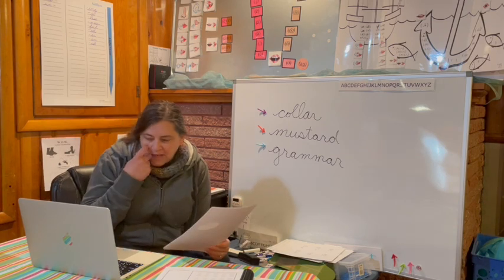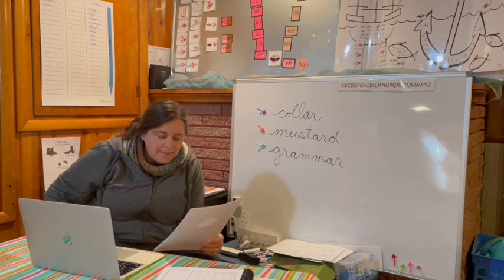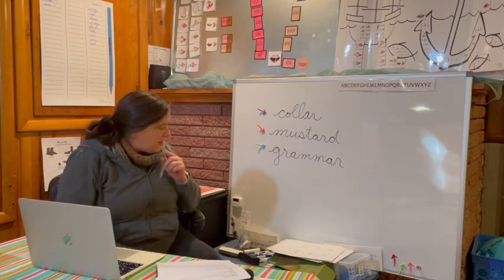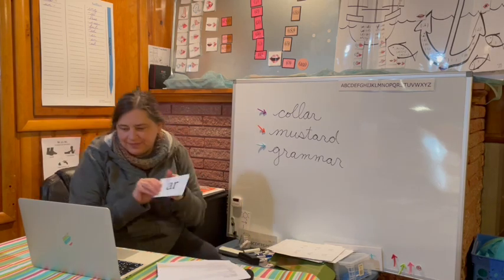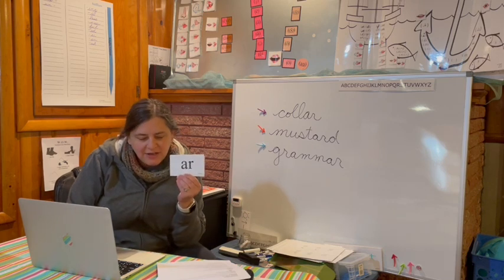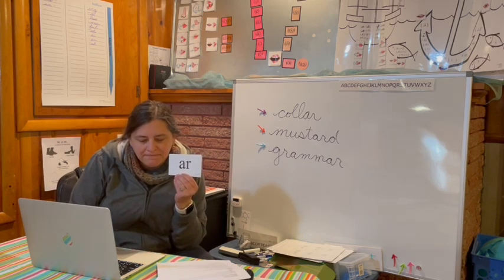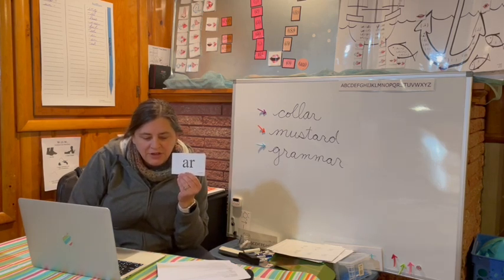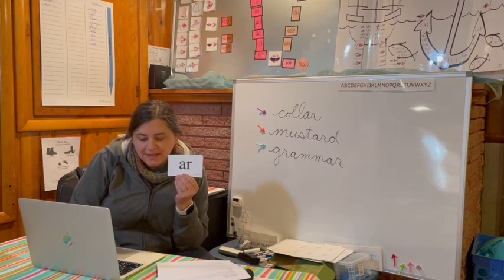All right, we have a keyword to help us remember the AR. Oh, let me show you the card. So here's our card, AR, combination AR. All right, here's your keyword, though, to help you remember the sound that AR makes. This is a piece of paper, money, or a silver coin.